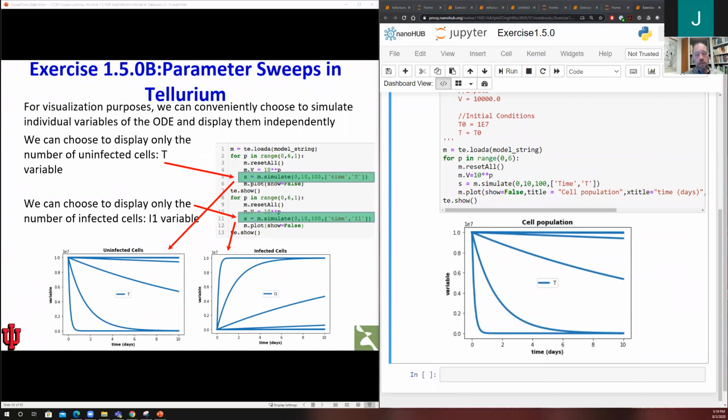Are people able to get that to work? Okay, great.